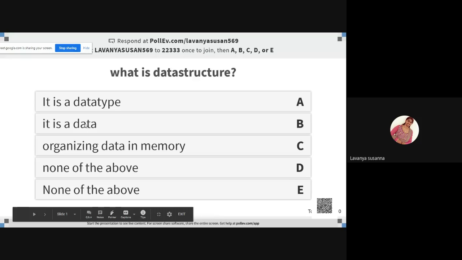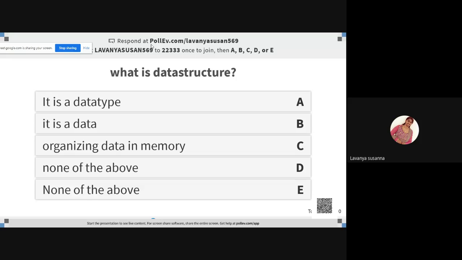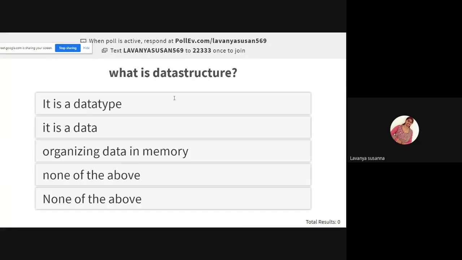Students, see the screen. Open Google Chrome and type pollev.com. Everyone, all the students, I request all the students to submit the answer. Type in the Google Chrome address bar pollev.com/Lavanya SUSAN 569.